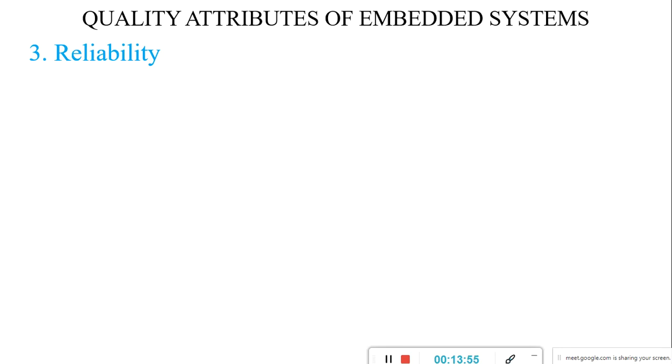I cannot consider the response of an airbag when the vehicle is stopped, right? The vehicle should be moving, and the system should be monitoring that vehicle. Such a scenario we call an operational quality attribute, right?